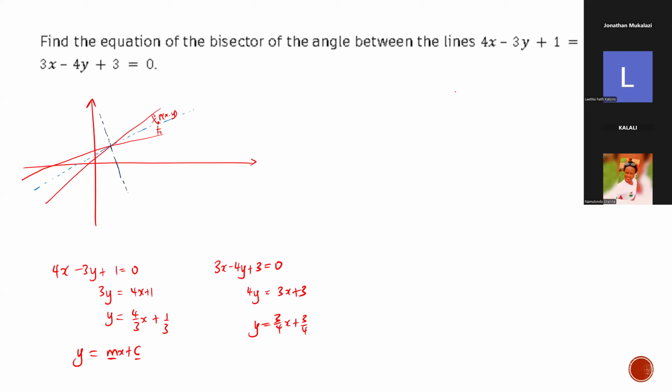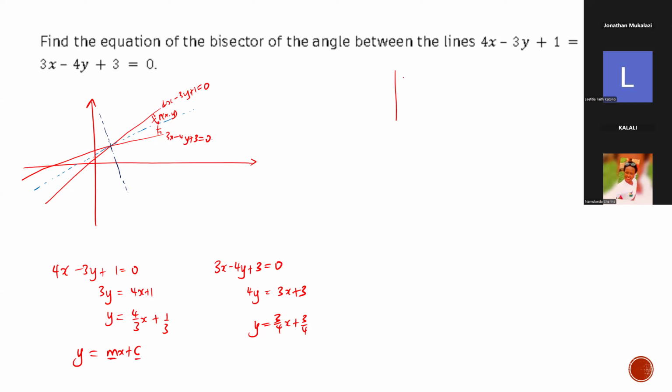So if I use the formula for the distance of P from the line 4x minus 3y plus 1 is equal to 0, it should be equal to the distance of P from 3x minus 4y plus 3 is equal to 0. Now remember, our formula for minimum distance from a line is ax naught plus by naught plus c over the square root of a squared plus b squared.